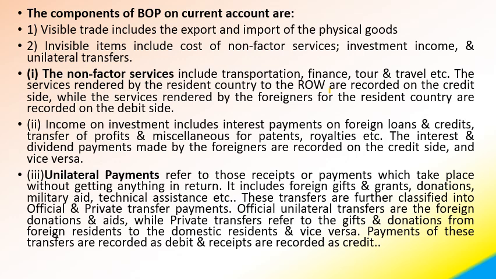So if you are getting it, your inflow is there, then it is entered on the credit side or is a positive item. If unilateral payment is made to the foreigners, then it is an outflow, entered on the debit side of the current account BOP, or it is a negative item. So this debit and credit, all items you have to remember.